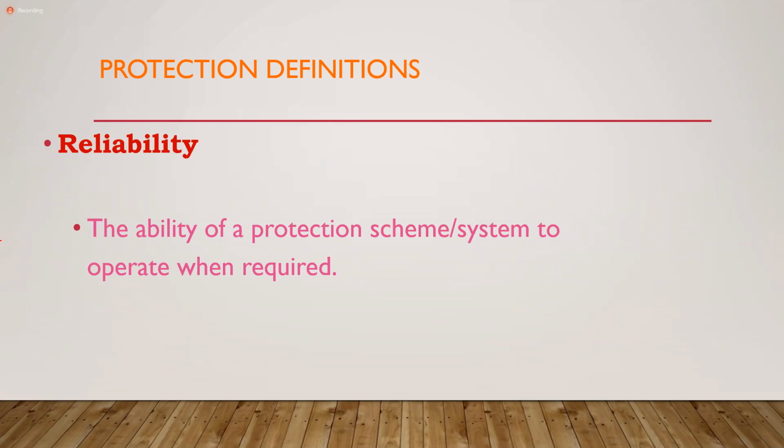Now, you may have a protection system that is designed and that will cost you millions of dollars. Yes? And that system may never operate. However, if the need arises, it must operate. So there are things that you're going to have to do to ensure that your system is reliable.